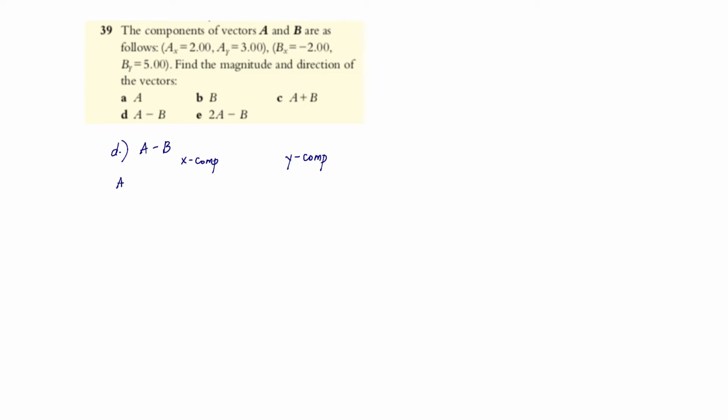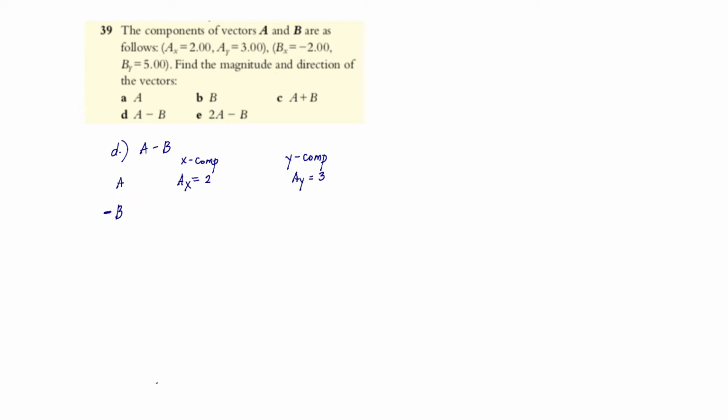For the a component, ax is already 2 and ay is already 3. Now, how about the b component?